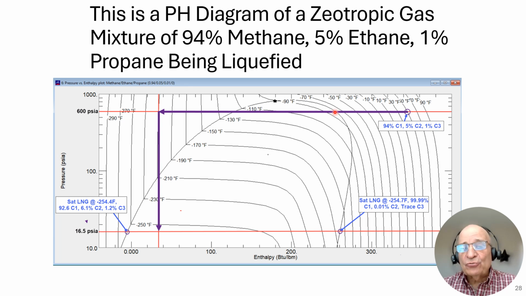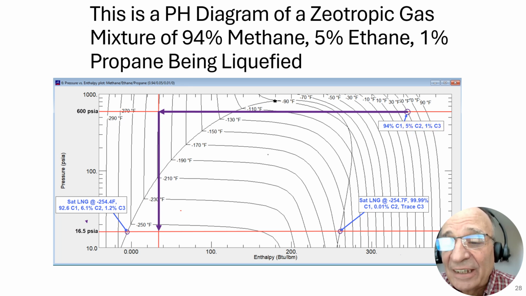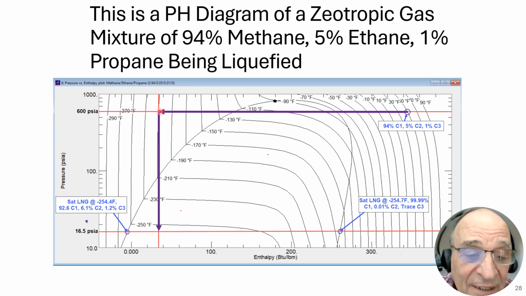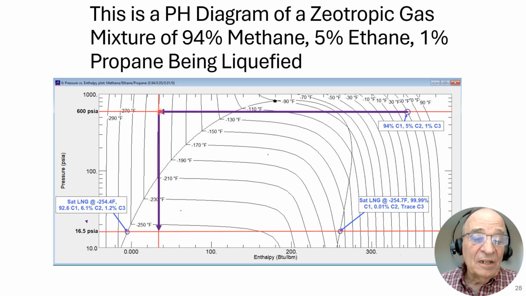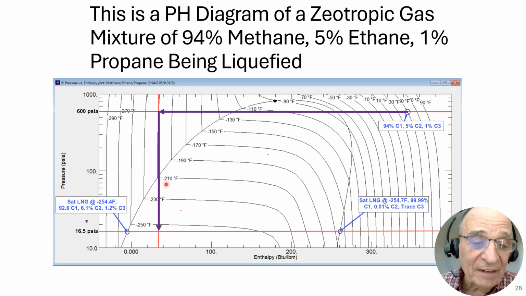What's the concentration of the very first droplet of LNG that forms? Here it's going to be high in ethane. Most of the propane is already knocked out. Out here it's going to be almost all methane. And out here it is the same composition as what's here because everything has now been condensed and now it is subcooled. In this case, we went to a subcooled temperature of minus 210 degrees Fahrenheit.